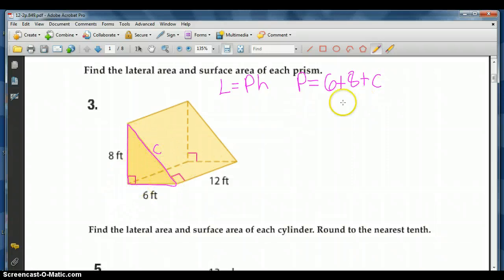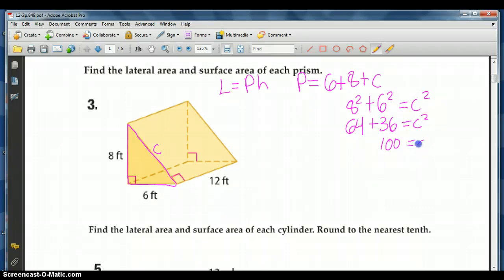We know the legs. So we're going to take 8 squared plus 6 squared is equal to C squared. That would give us 64 plus 36, which is equal to 100. And the square root of 100 is 10.